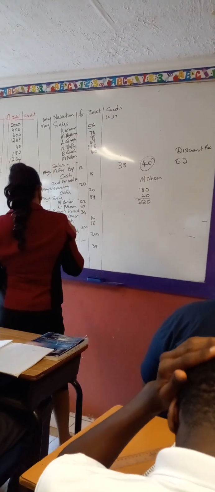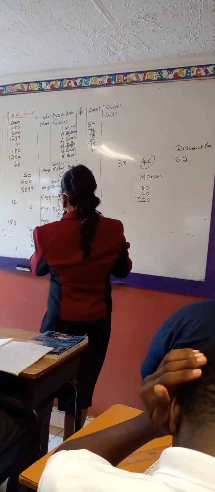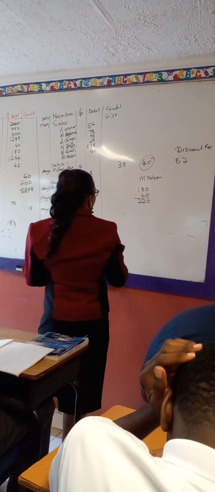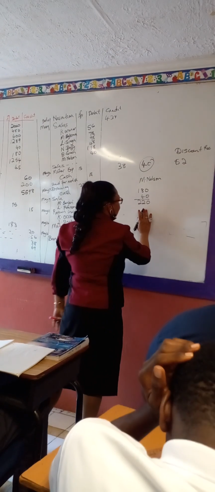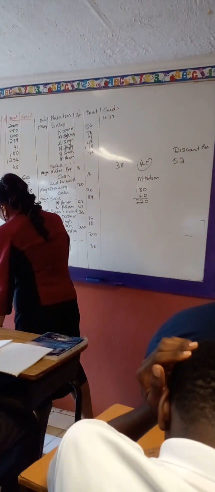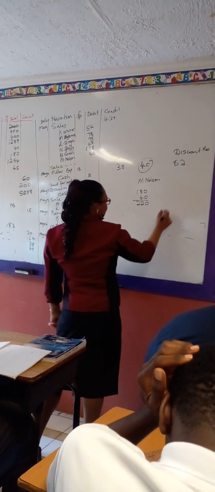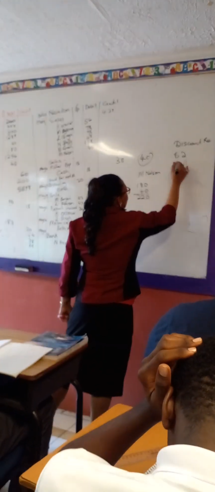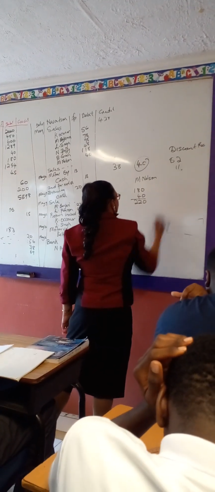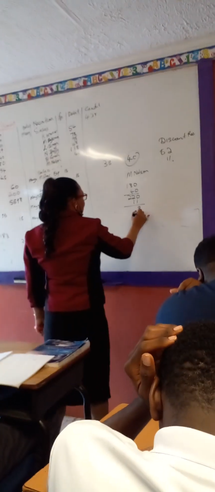Did he return anything? Was he in the return list? No. And so $220, and I'm finding 5% of that, which is $11. So there goes $11 more to be added to discount received, and $11 to be subtracted from that, 209.